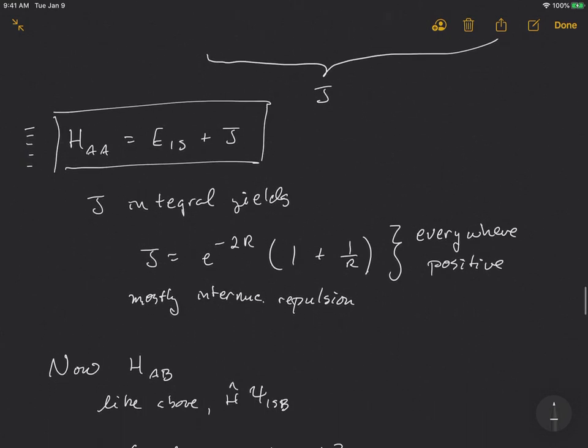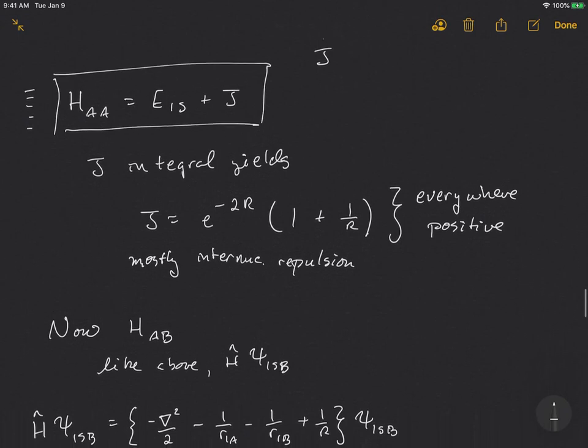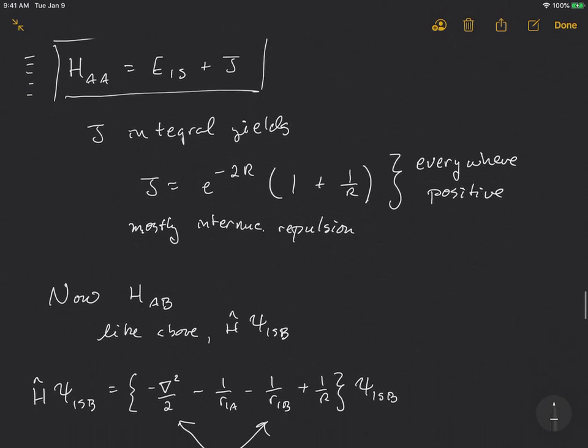Now let's look at HAB. We're going to use a similar approach, but I'm maybe even going to give a little bit more detail here. So we're going to act our Hamiltonian on psi 1sb, right? Because HAB, you may recall, is this kind of sandwich where on the left-hand side we have psi star 1sa, then we have the Hamiltonian, and then we have psi 1sb.